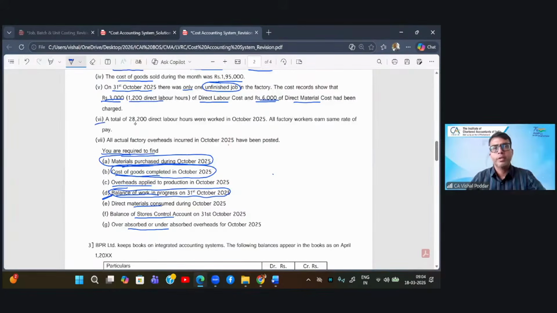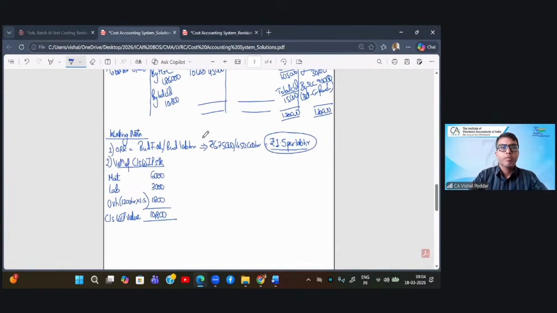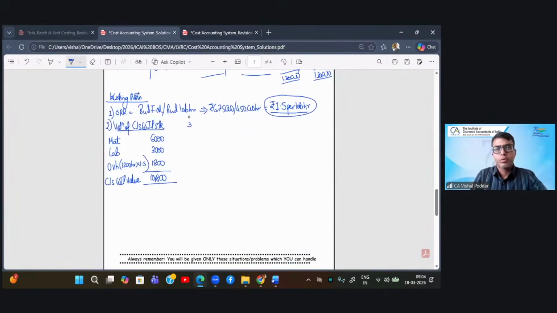Now comes the next point given. Total 28,200 labor hours are worked and all workers are paid the same rate of wages. Now, an interesting question is, what is the wage rate? We can find that out from the data which was given to us. So now we will be calculating the wage rate, then total labor cost and factory overheads charged. Now, how do we find the wage rate?